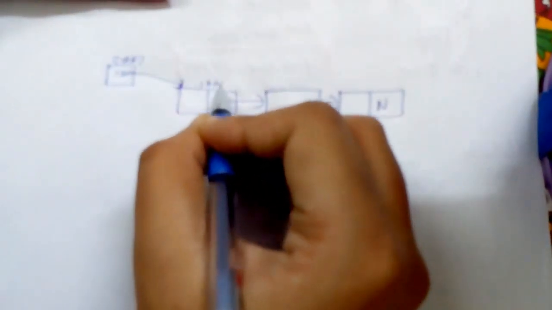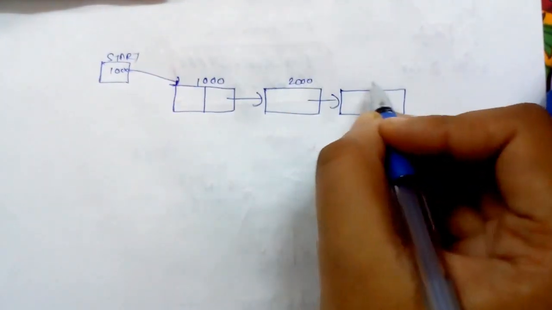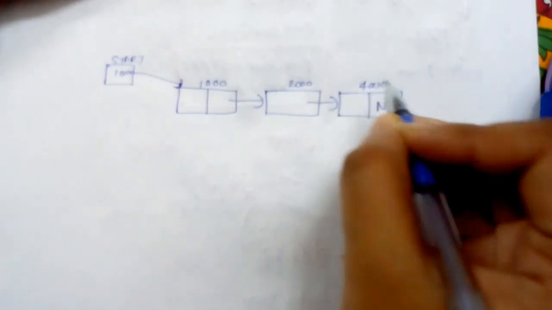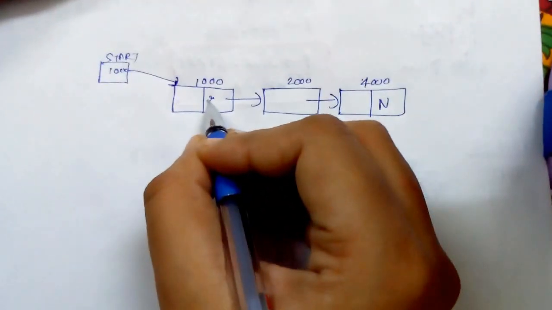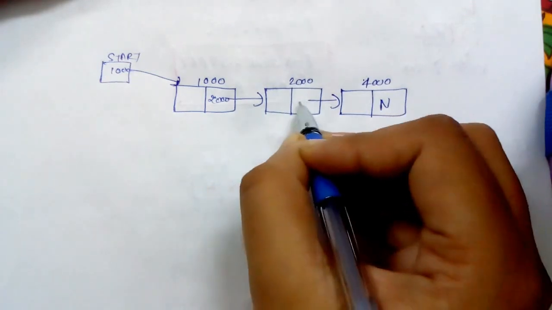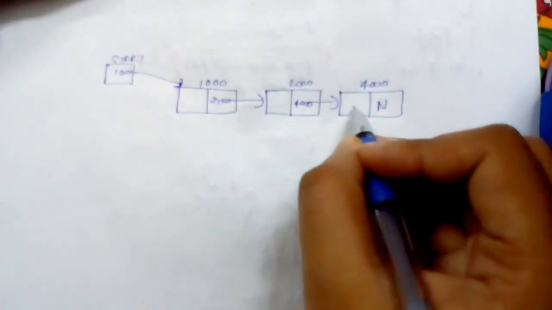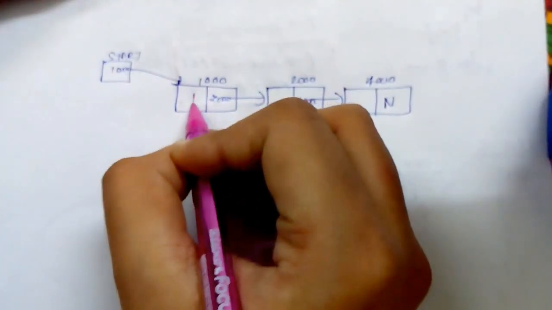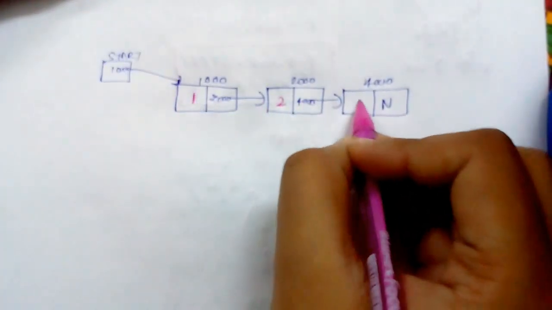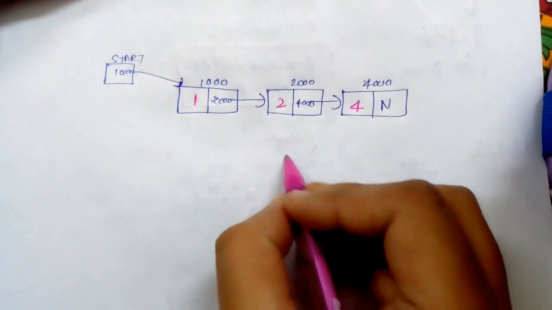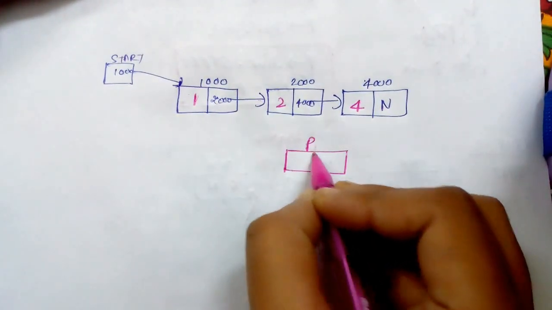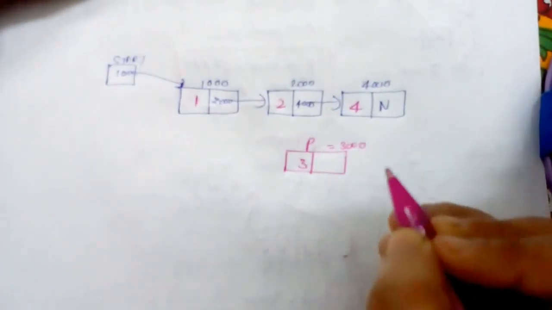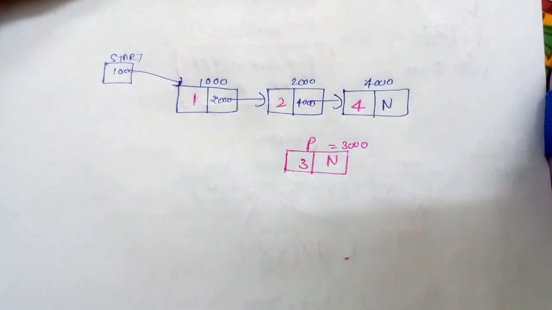This is 1000, this is 2000, and suppose this is 4000. The data values are 1, 2 and 4 I am taking, and there is a new node, that is p, which I want to insert. The value is 3, the address is 3000 suppose, and its link value is null.